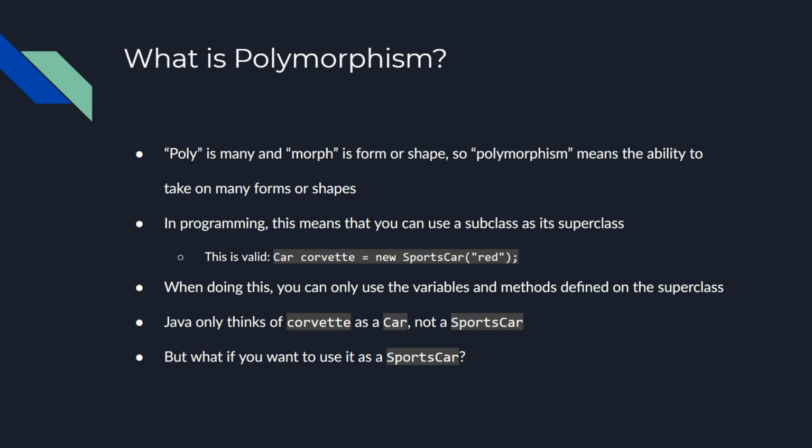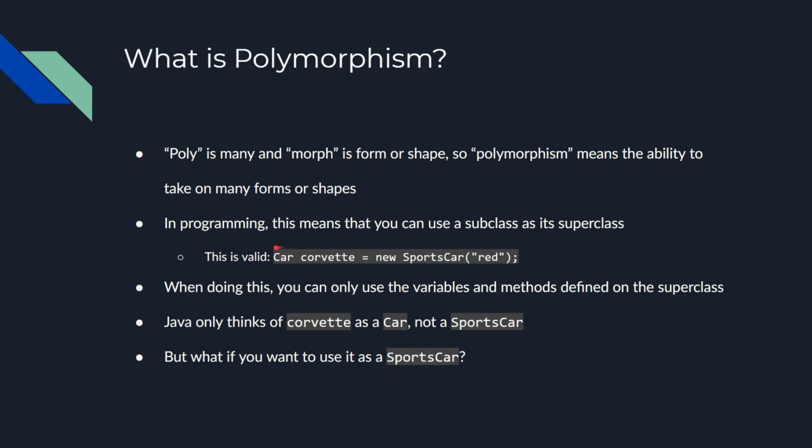So if I want to use a sports car as a car, I can do that because a sports car can do everything a car can do plus more. So in this way, I can create a car variable, but I can store a sports car in it. Again, because a sports car can do everything a car can do, Java sees no problem with this. Okay?